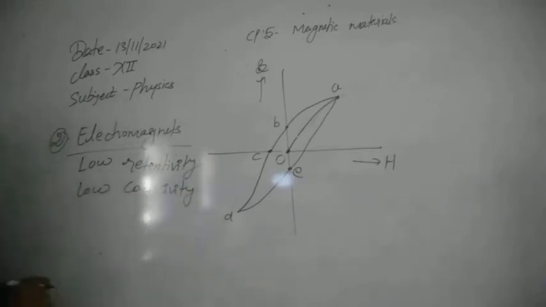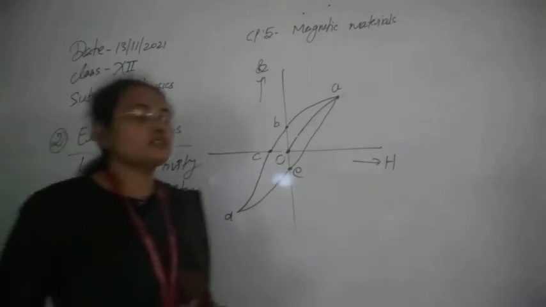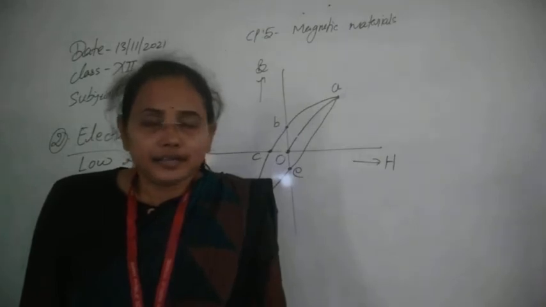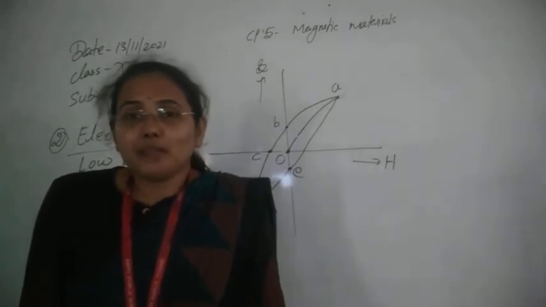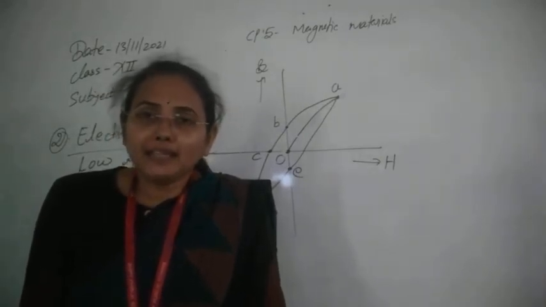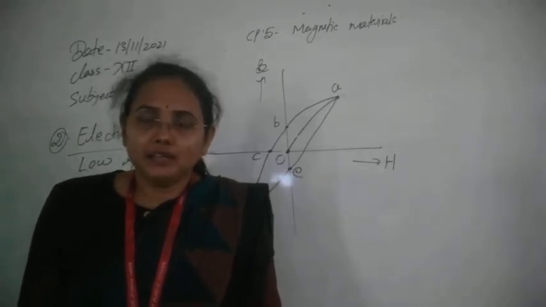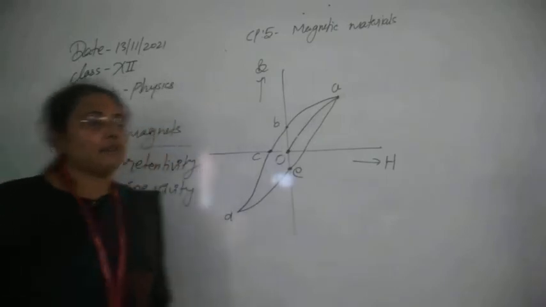Now the third one. We need such materials that behave like very strong magnets whenever we apply the electric field. So for that we need a highly permeable material in which magnetization can easily be produced.